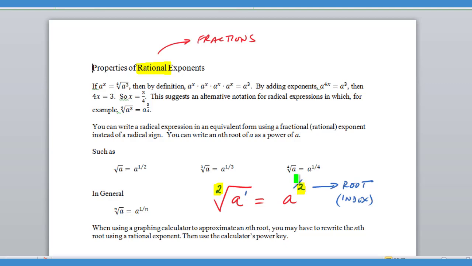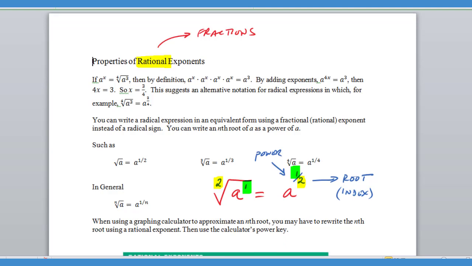And then the other part, the numerator, is the power or the exponent of the given value underneath the radical. And so you'll need to make this connection on how to rewrite radicals to exponents.